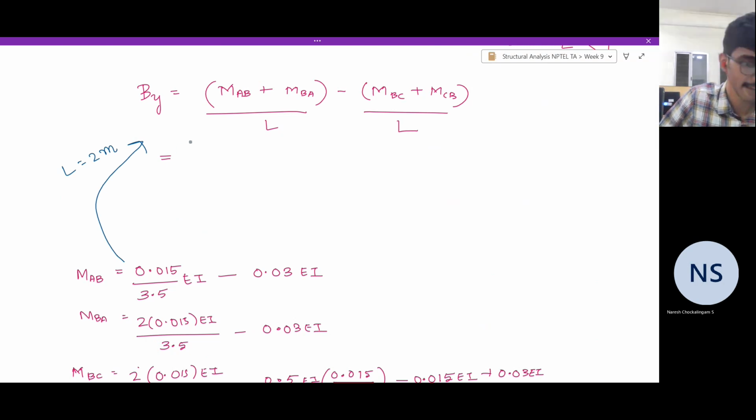Paste it here. Upon substituting them, the value of By that you get will be minus 0.0342856 EI.